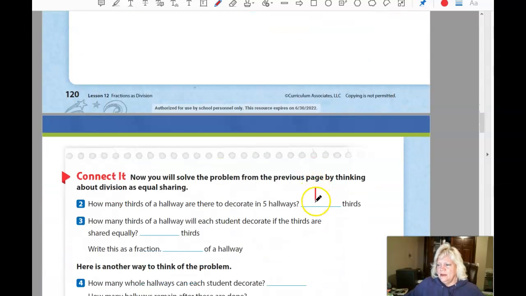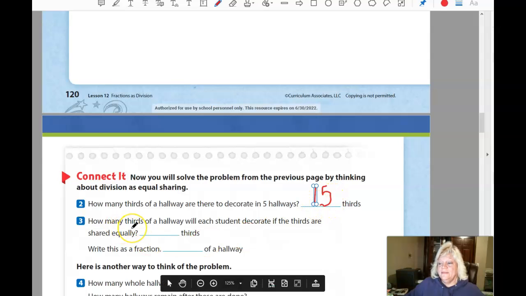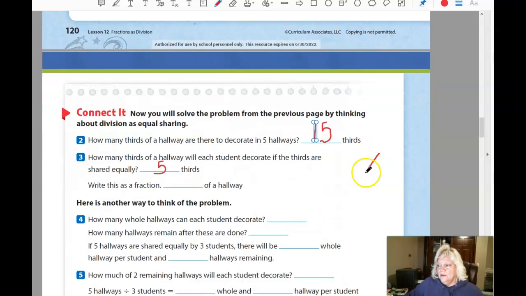There are 15. How many thirds of a hallway will each student decorate if the thirds are shared equally? Well, that would be 5, because we know that 3, 5, and 15 are friendly numbers. 3 times 5 is 15, so that's how we came up with that.